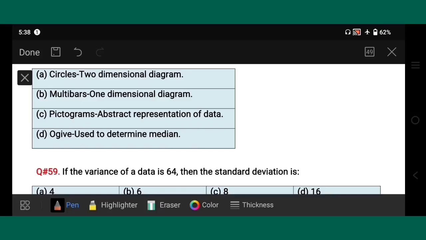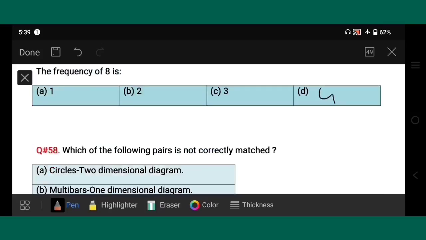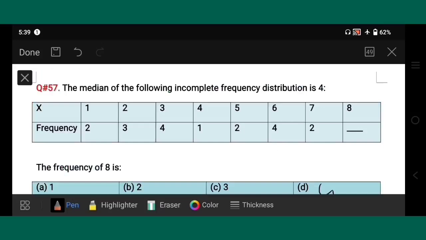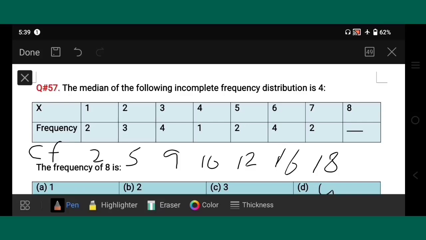So here we are going to find the frequency of 8. So CF is equal to 2, 2 plus 3 is 5, 5 plus 4 is 9, 9 plus 1 is 10, 10 plus 2 is 12, 12 plus 4 gives 16, 16 plus 2 is 18, and the last one is missing. So this one will be F plus 18. Since the median is 4, this value corresponds to the cumulative frequency 10.